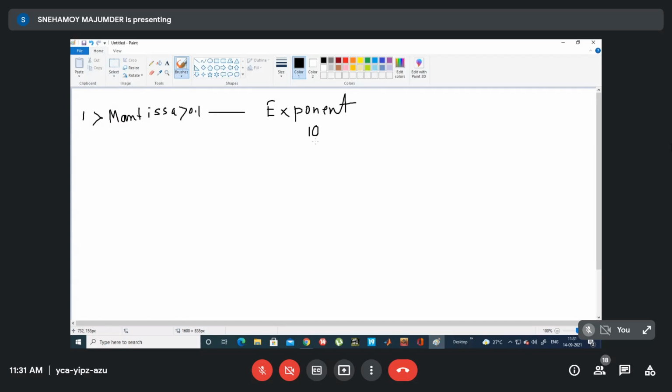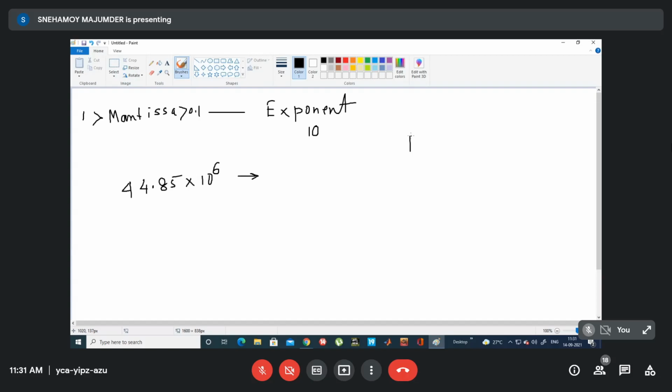For example, let us take 44.85 into 10 to the power 6. How can I represent this?